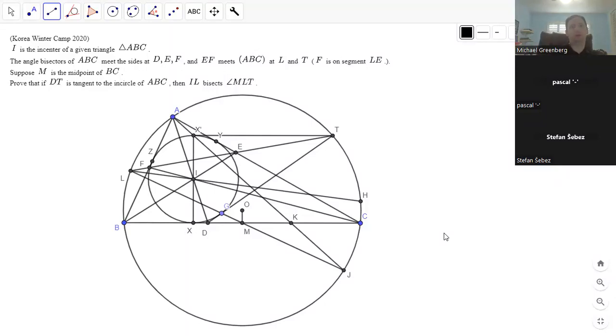Yeah, like we know BX equals CK. But it's interesting. Okay, so what are we saying? We're saying LM and AX prime, or LM and AK would meet in the circle in that situation.